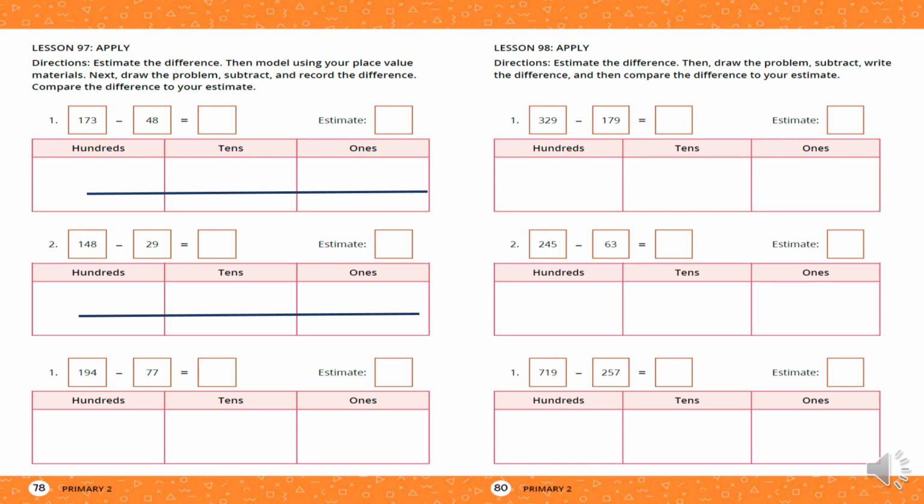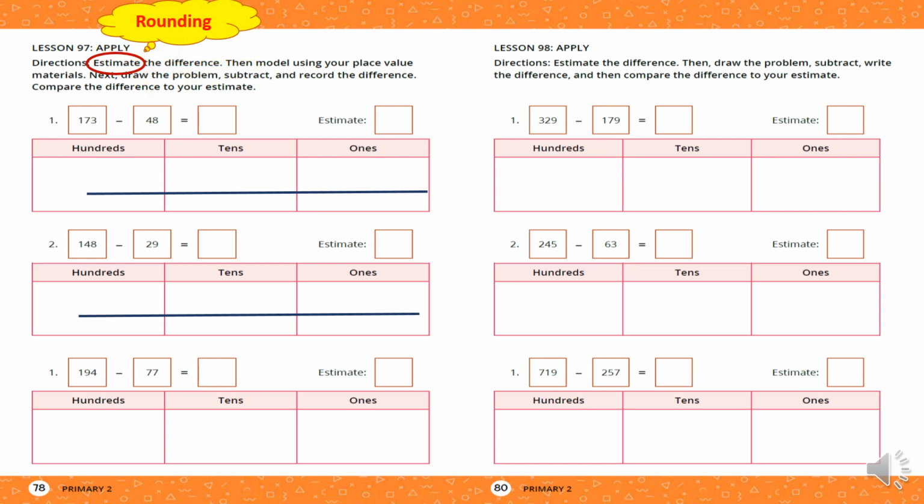Lesson 97, the apply part. Estimate the difference, then model using your place value materials. Next, draw the problem, subtract and record the difference. Compare the difference to your estimate. Here we will estimate first using the rounding estimation.